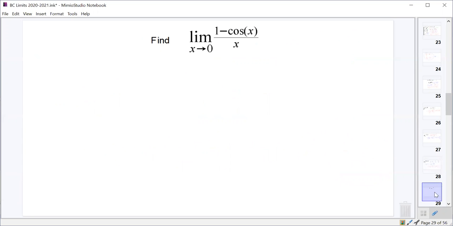How are we going to find the limit as x approaches 0 of 1 minus cosine x over x? Because this is also indeterminate. Take the conjugate. All right, let's multiply by the conjugate.